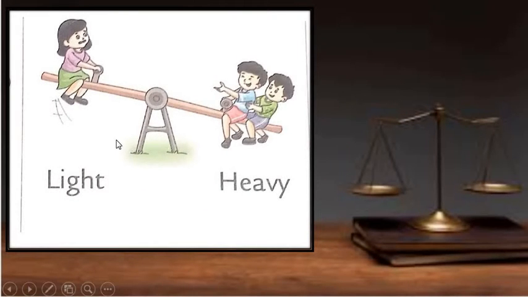If you observe this image properly, you can see that here two children are sitting on the seesaw. On the other side, there present only one child. So this side is heavy and this side is light.